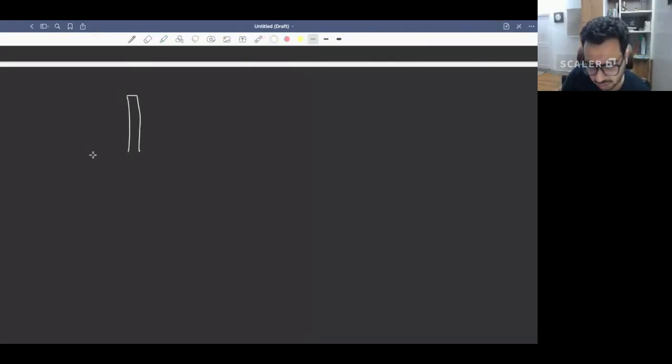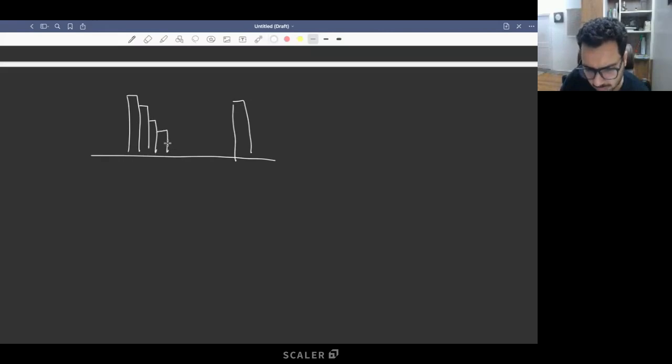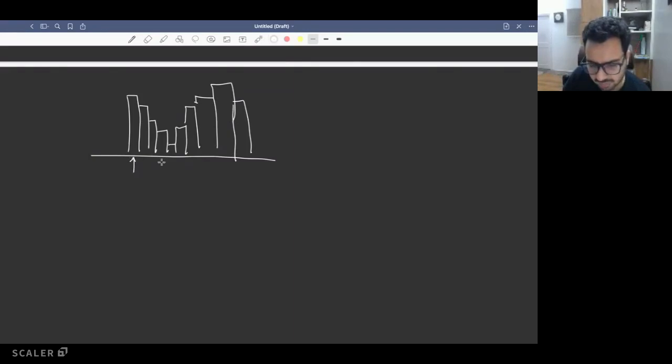Suppose you have two very big bars, and maybe you have some small bars as well. Now Ramesh says, let us find the two big bars. One bar is this, one bar is this. Can I say I will take this as the base of the rectangle?